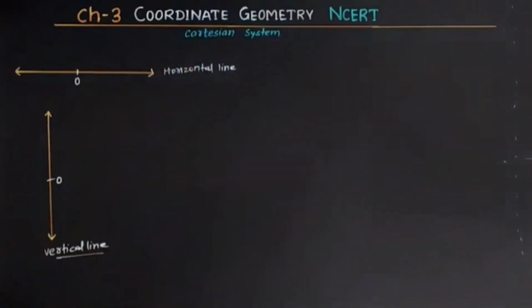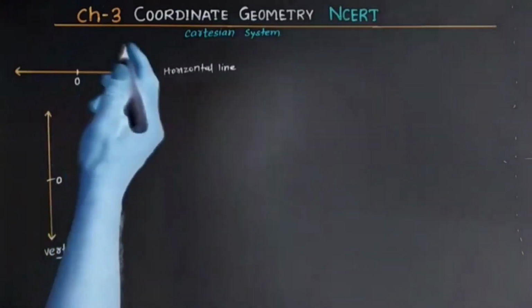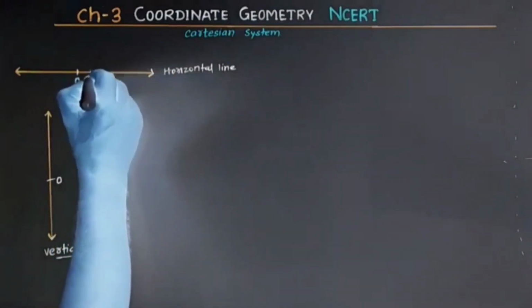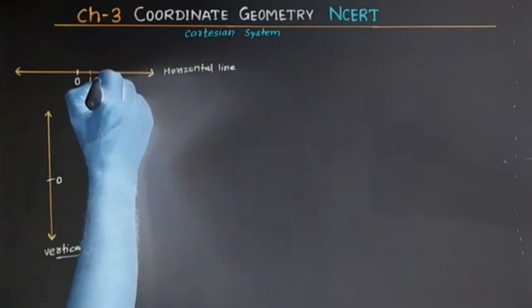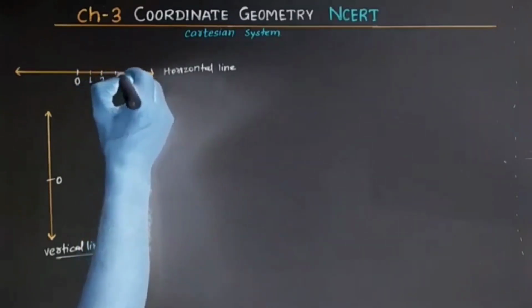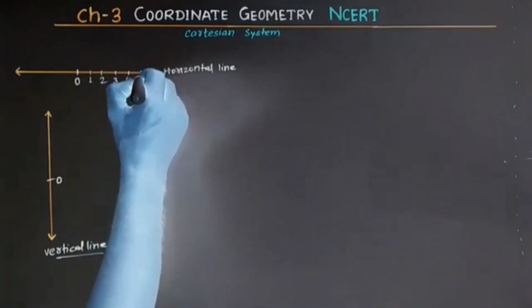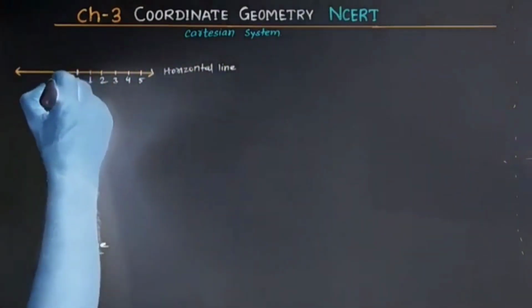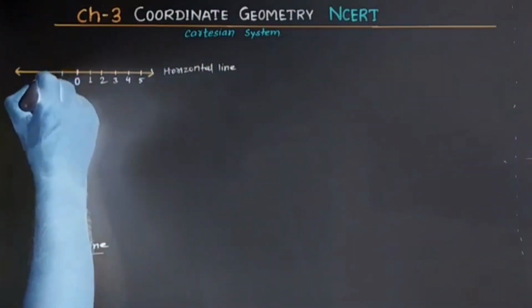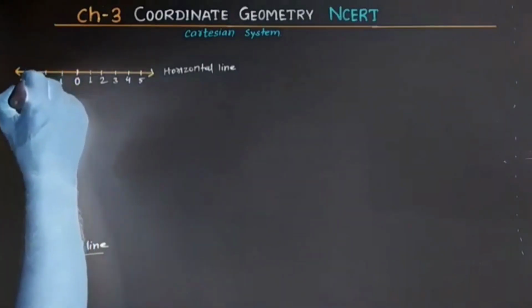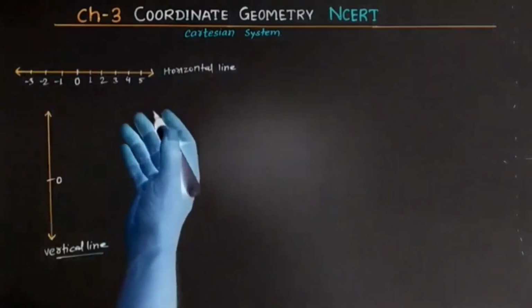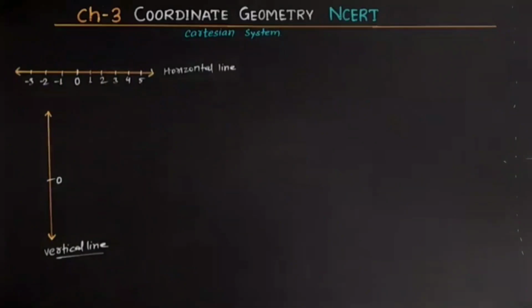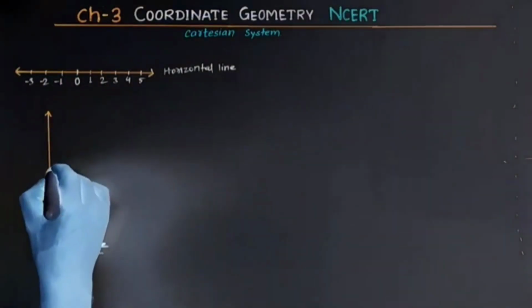You know, positive points are on the right hand side of 0, while negative values are on the left hand side of 0. Similarly, upward values are positive while downward values are negative for the vertical line.